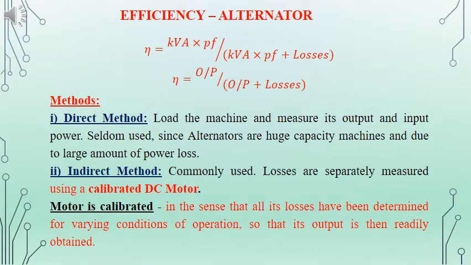In the direct method, the machine will actually be loaded, and since alternators or synchronous machines are of huge capacity, the direct method will result in power loss. So preferably, to obtain the efficiency of a machine, we select the indirect method. Here in an alternator, the indirect method will require a calibrated DC motor.